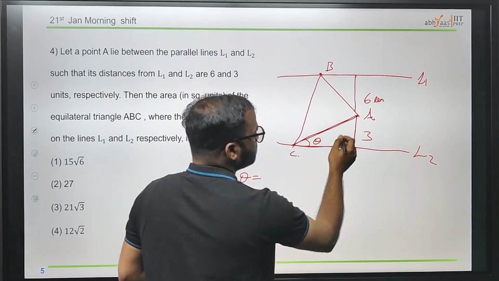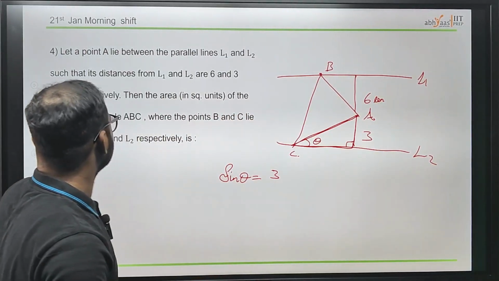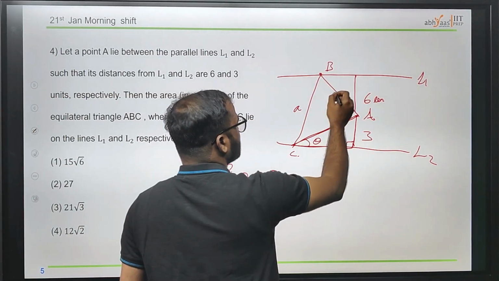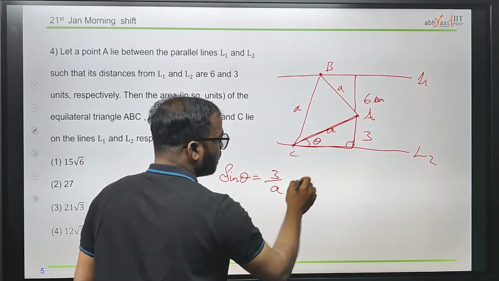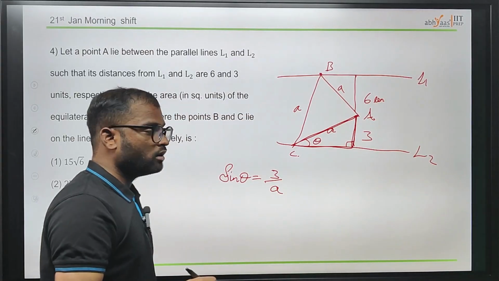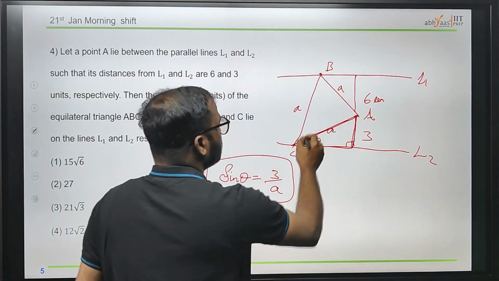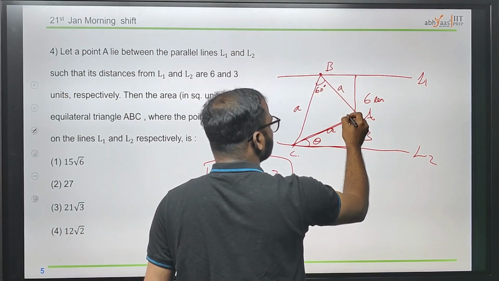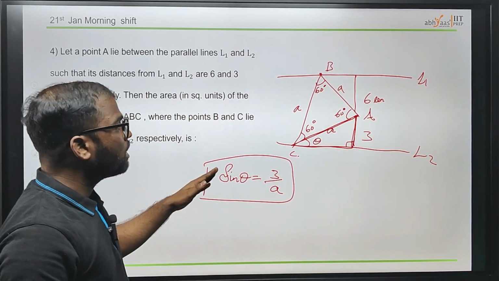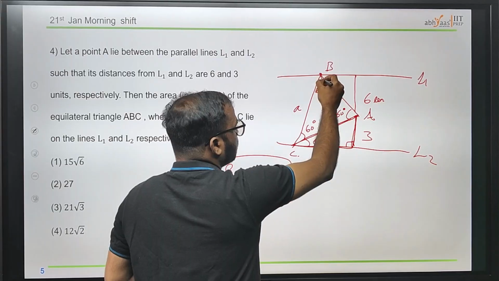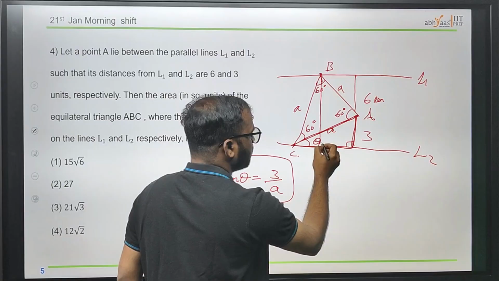Since it is an equilateral triangle, we assume the three equal sides as a, so the hypotenuse is a and this side will be 3. Now we got sine theta. And next, since it is an equilateral triangle, we know this angle will be 60 degrees, and this as well. Now just draw one perpendicular line to this L2. Then you can easily see here we have a perpendicular line.